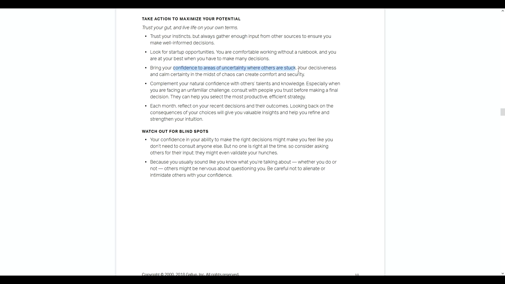So, bring your confidence to areas of uncertainty where others are stuck. This is something also that I'm very good with, making sure that when other people are afraid to move forward, I can be an example of somebody that did the thing that was scary but survived.